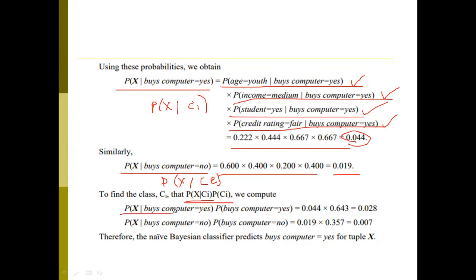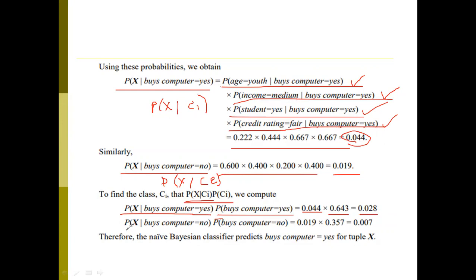P of X given C1 into P of C1. Already X given C1 is calculated, so that value is 0.044. What is the P of C1 value? P of C1 we have calculated in the earlier slide, that is P of yes, that is 0.643. And this is the result.